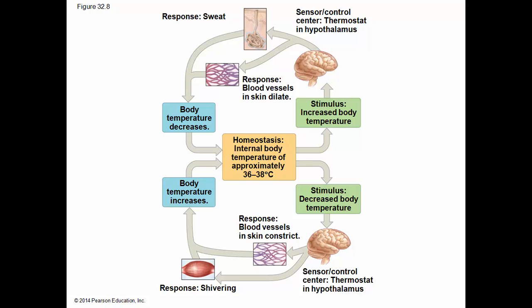Okay, so basically, if you go below 98.6, you're going to cause this pathway to occur. Constriction of the capillaries and the blood vessels, and the shivering response, and that's going to cause the body temperature to increase.